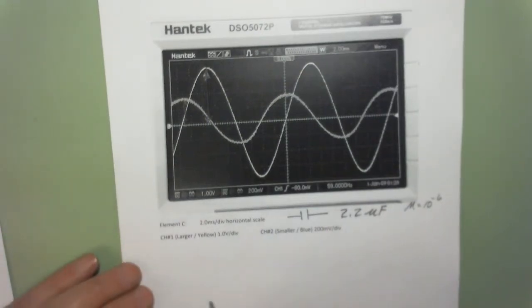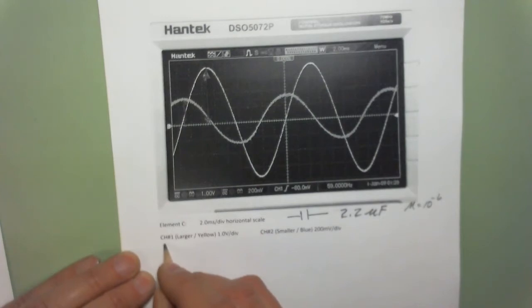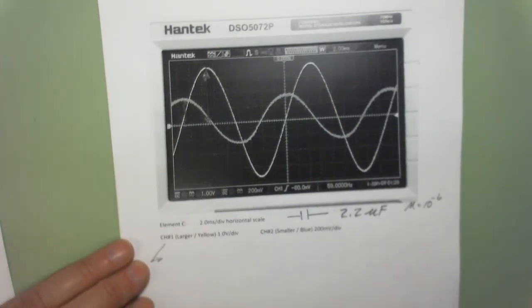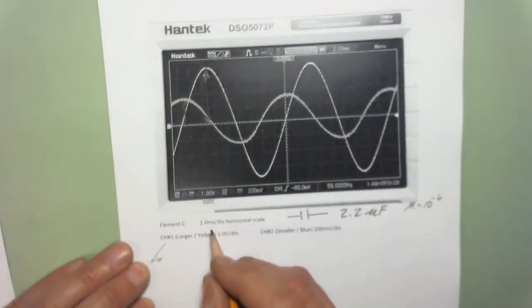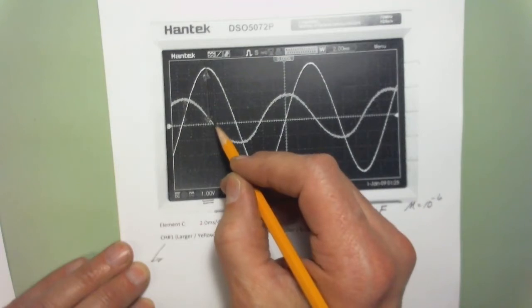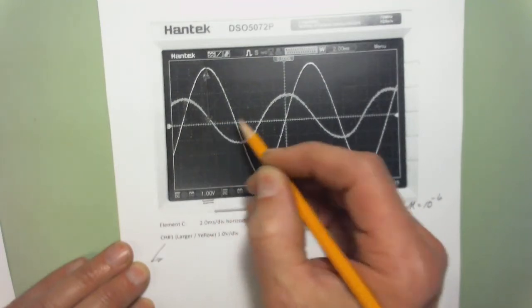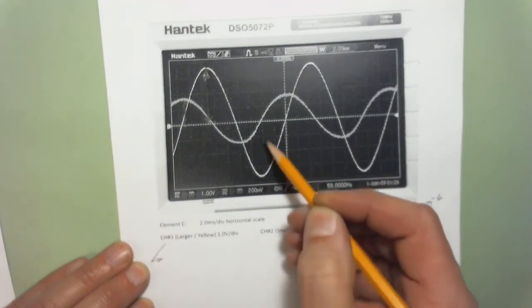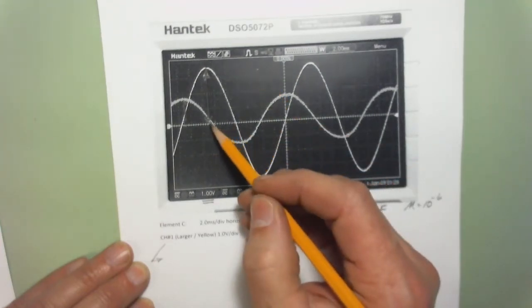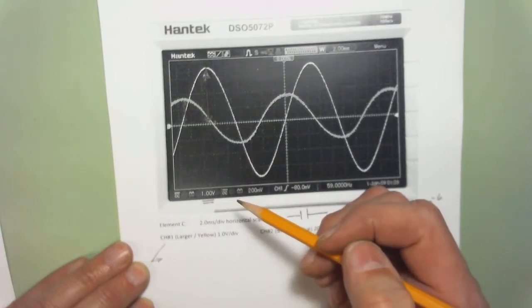So for channel 1, I know that I have 1 volt per division. And how many divisions do I have there? Well, from here, it's symmetrical. I could go from here clear up to here, and that would be peak to peak, but I really just want this, that being the amplitude.